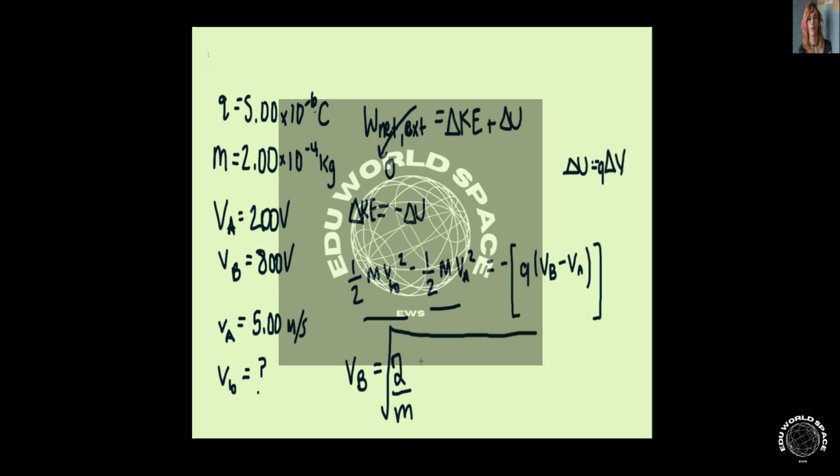So that's the square root of 2 over M times 1/2 M VA squared minus Q times VB minus VA. Now I'm going to put this into a calculator, and I obtained 7.416 meters per second.